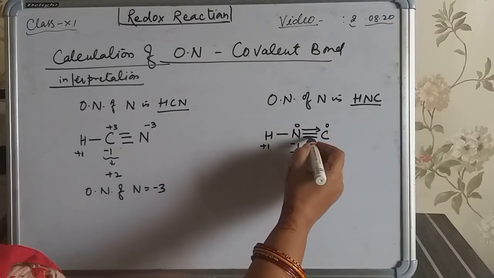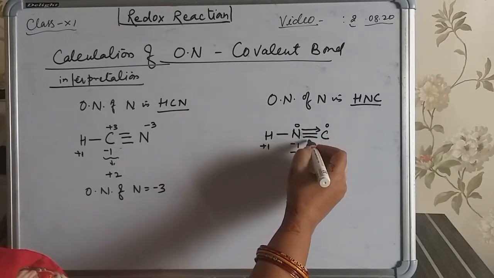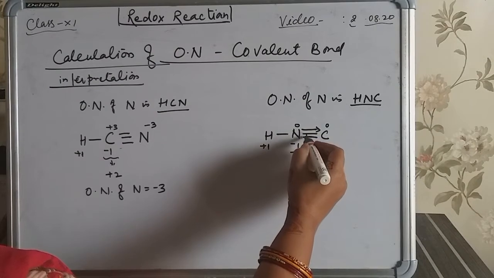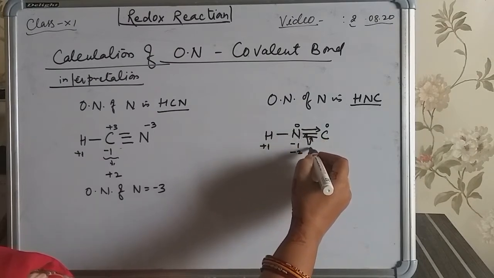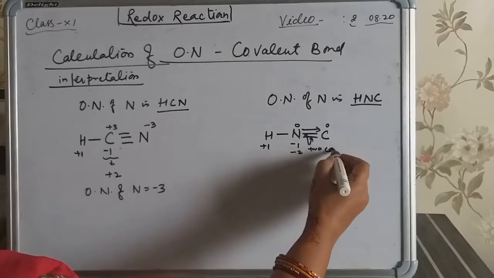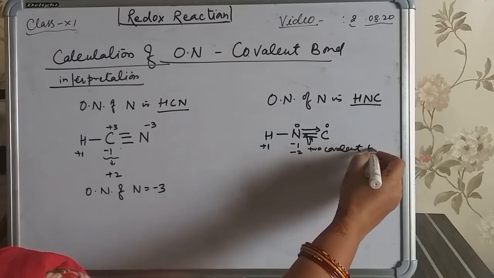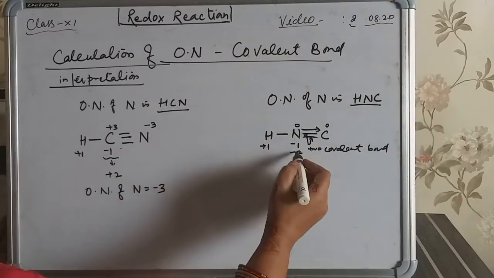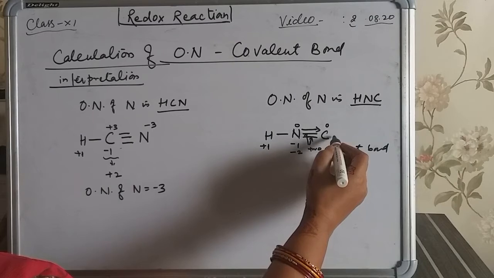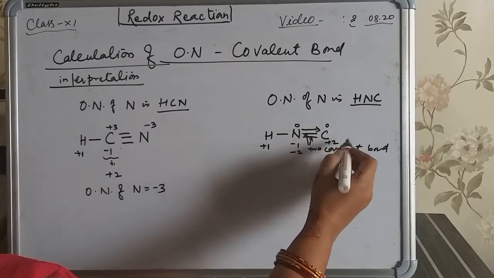But in the case of these 2 covalent bonds, one is here and one is here, due to these 2 covalent bonds formed between nitrogen and carbon, nitrogen acquires -2 and carbon acquires +2.